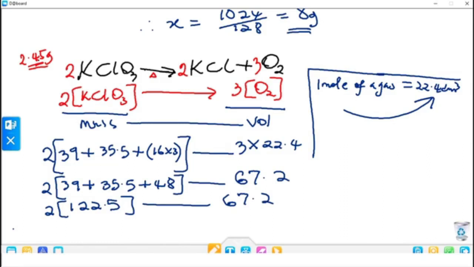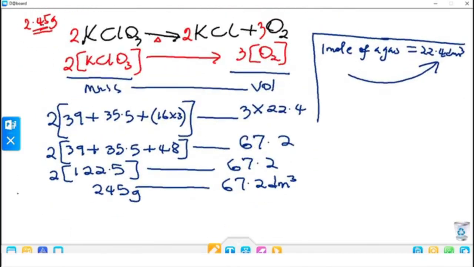So 122.5 times 2 will give us 245. So what it means is 245 grams of potassium chlorate produces 67.2 dm cube of oxygen gas according to the equation.